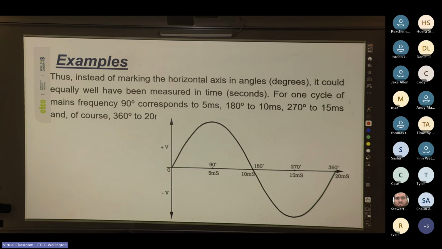Cool. Instead of making the horizontal axis in angles, degrees, it could equally have been measured in time, seconds. So for one cycle of mains frequency, 90 degrees corresponds to 5 milliseconds, 180 to 10, 270 to 15, and of course 360 to 20 milliseconds. If we replace the angles with time, this is what we would get.